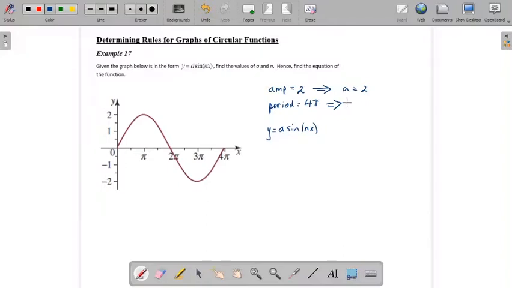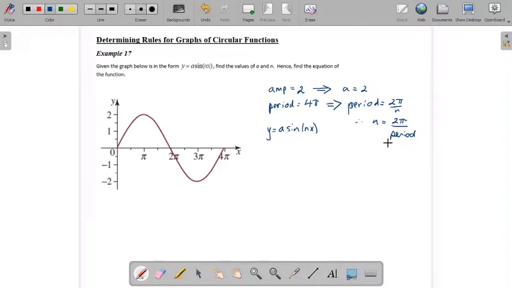And normally our period is determined by 2 pi divided by n. Okay, so period equals 2 pi over n. Now we want to find n, so by multiplying by n and then dividing by the period, we can say our n value is 2 pi divided by the period.